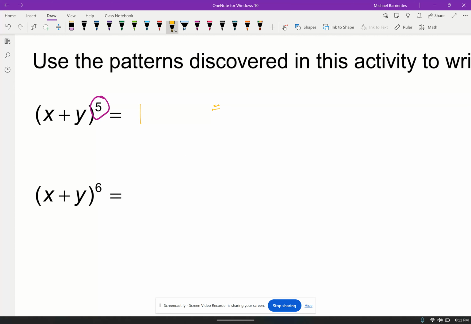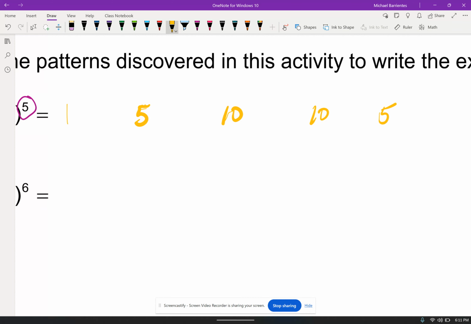And I believe the next one was 10. And then I think the next one was 5. And then the last number was 1. So this should be the row of numbers in Pascal's triangle on the 5th row. Why the 5th row? Because this was to the 5th power.